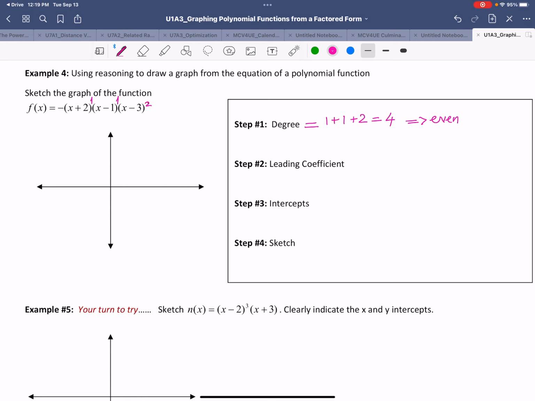Next, we need to consider the sign of the leading coefficient. The sign of the leading coefficient is found by looking into the coefficients of x in every factor.